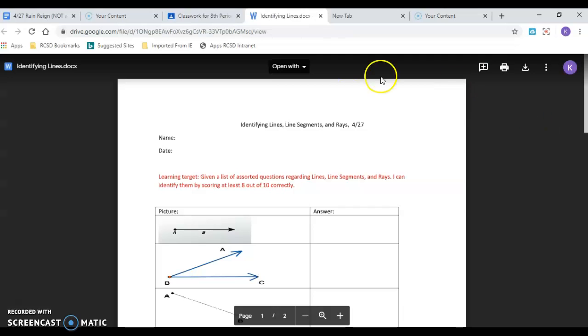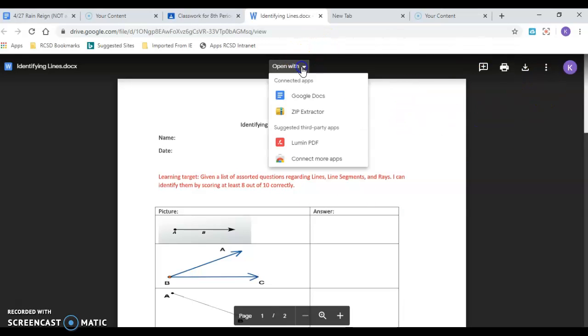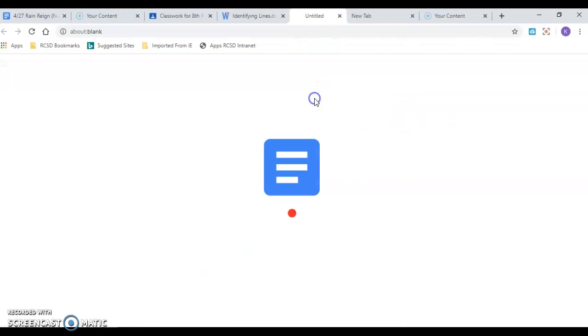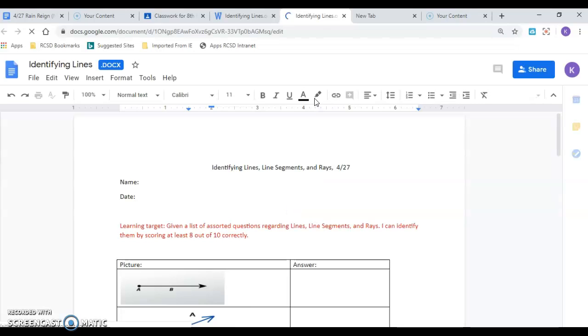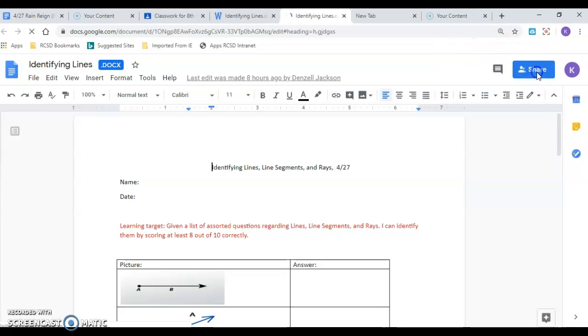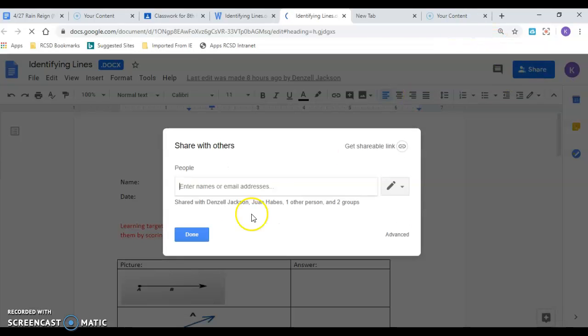Now, it opened in a new window, but now I need to open it with Google Docs. So if you missed that, pause it, rewind it, go back and watch me do that again if you need to. So now I'm opening it in a Google Doc. Now, I'm going to want to share this with Mr. Jackson if I haven't.